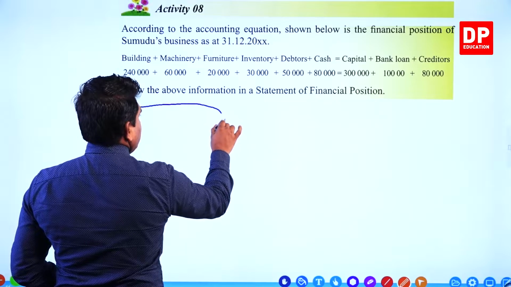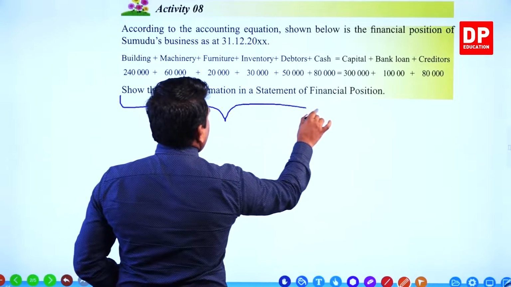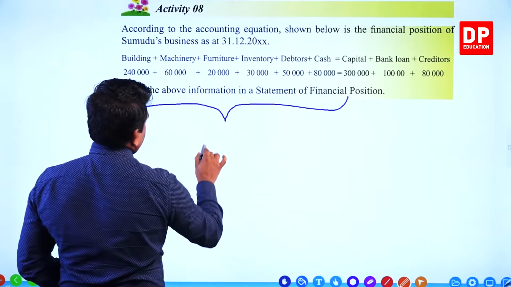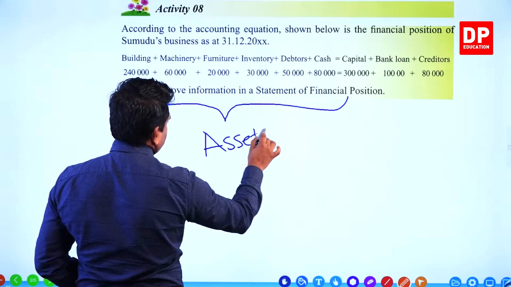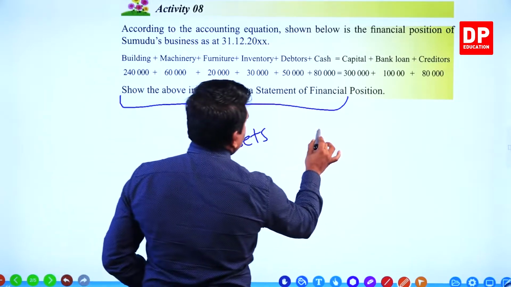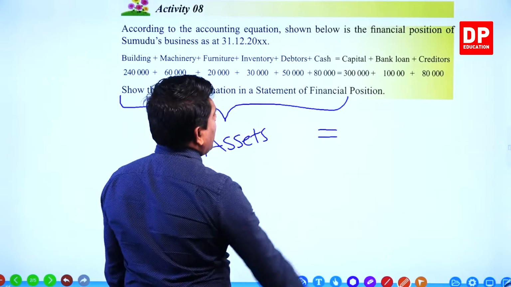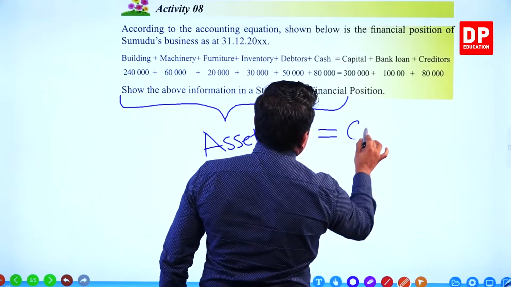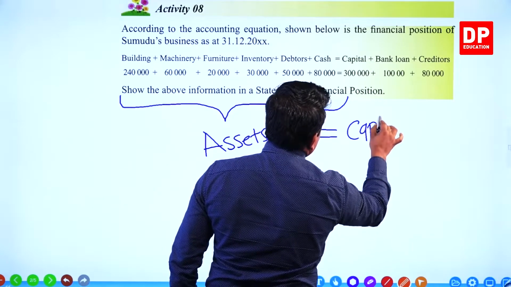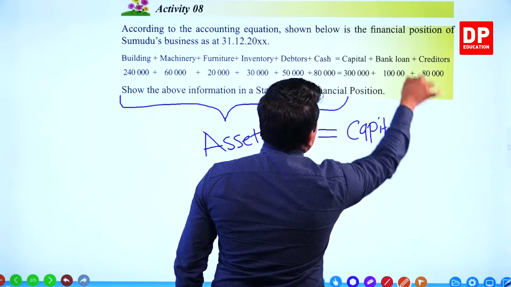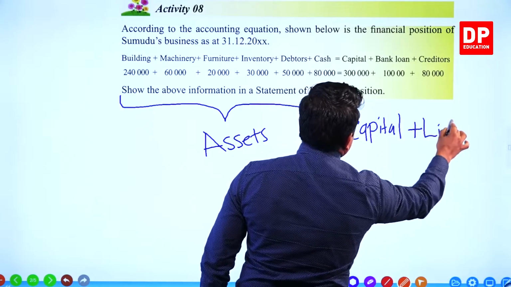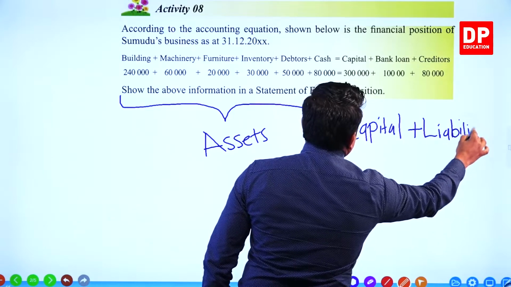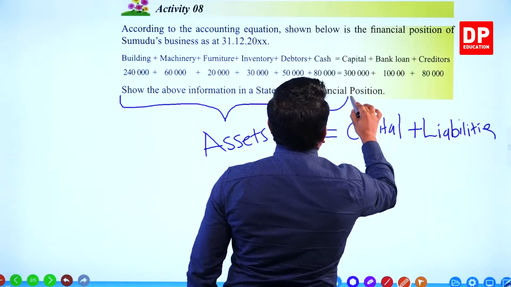Actually, if you remember the accounting equation, this area we say what? Assets. Right? Equal. Then capital is given, then capital. Okay. These two, bank loan plus creditors, what? Liabilities. Right? This area.